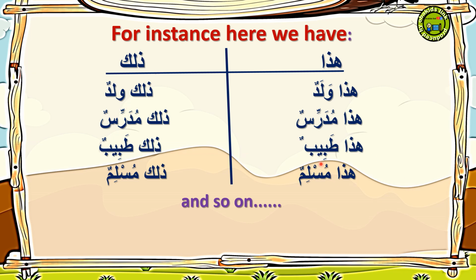Haza tabibun means this is a doctor. Zalika tabibun means that is a doctor. Haza muslimun means this is a Muslim. Zalika muslimun means that is a Muslim. And so on.